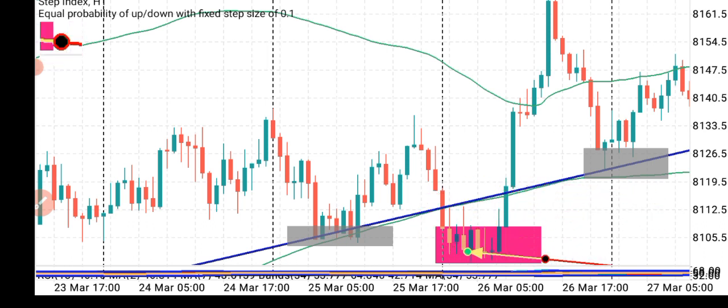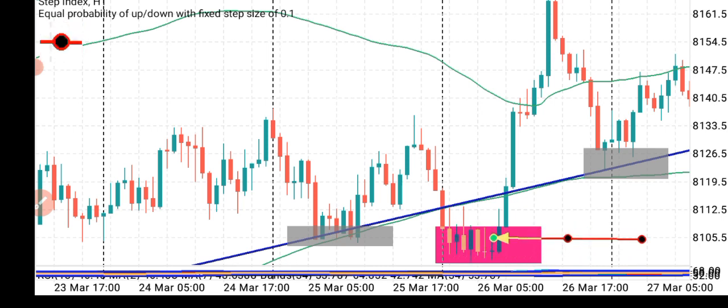So fake outs are manipulation, and this is done by smart money traders in order to sweep liquidity. And this is what happens here in this scenario. You can see how price came, broke out of it.